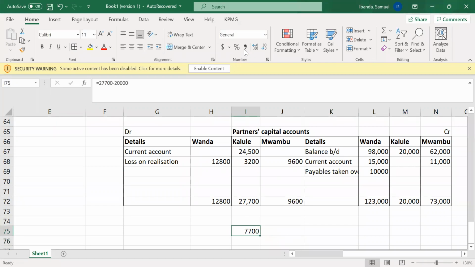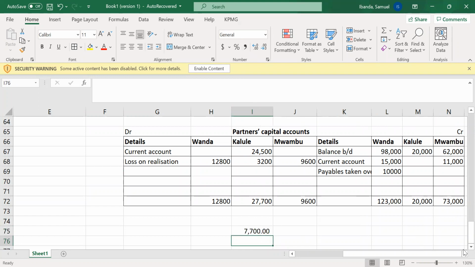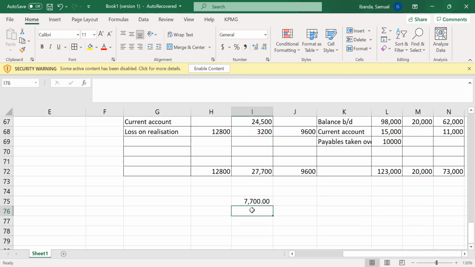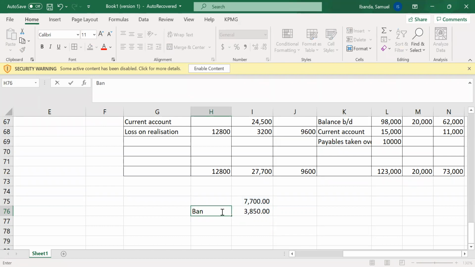This is the deficiency. So the question is telling us that this gentleman is able to pay at least a half. So this times 50% is 3,850. So 3,850 is paid by Kaole, because that's what they're saying.